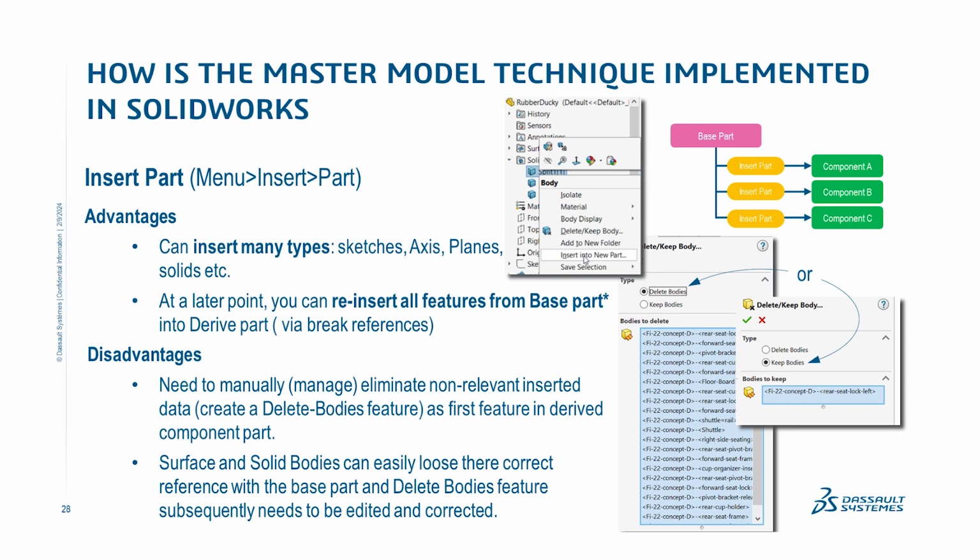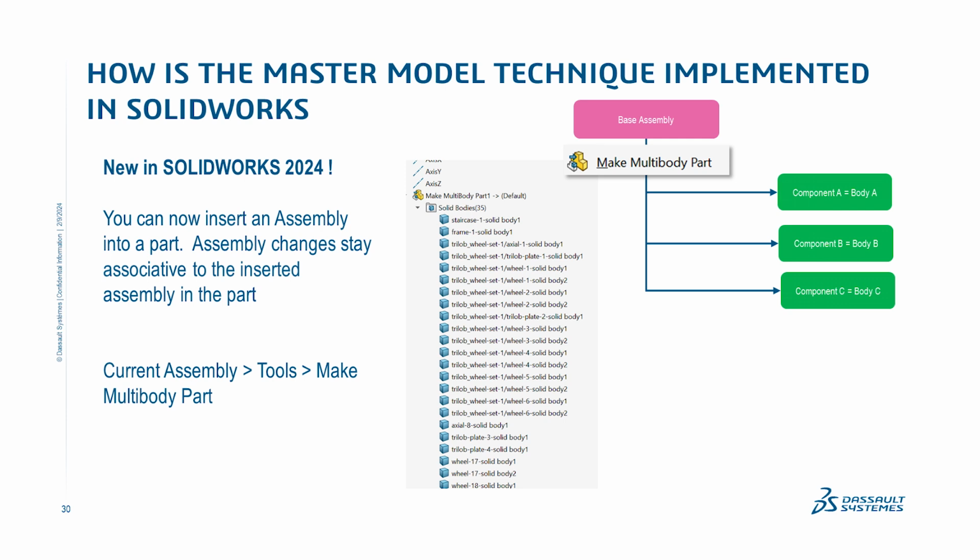So I'll talk a little bit more about how to get around that. So you insert the part, and new for 2024, which I find pretty fascinating, is now you can not only insert a part, but you can also insert an assembly.